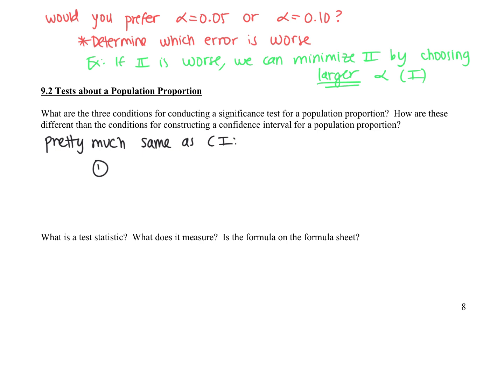Really, any confidence interval. Random sample. Second one, normality. I'm going to write it as approximately normal sampling distribution.